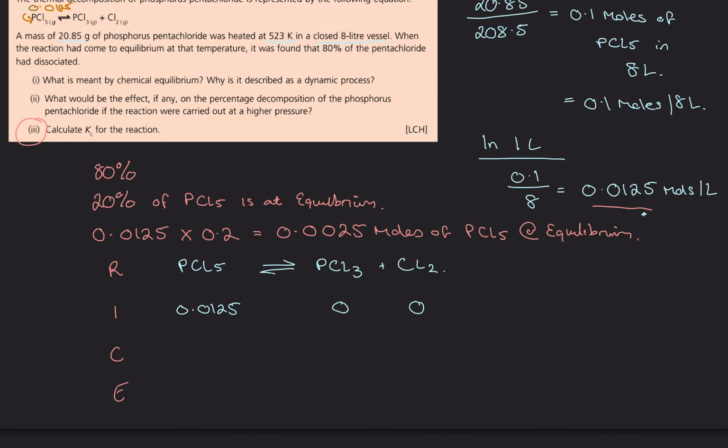Then the phosphorus pentachloride has dissociated by a certain amount. We'll call that X. If it dissociates by a certain amount, these form by a certain amount as well, and you can get the ratio based on your reactants. See up here, we have a 1, and a 1.